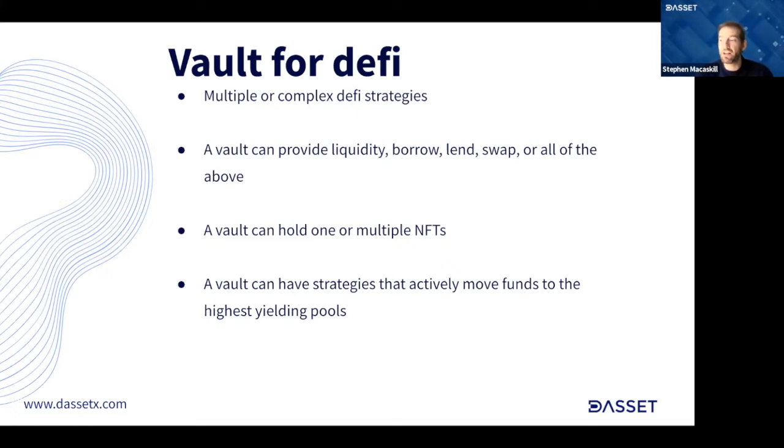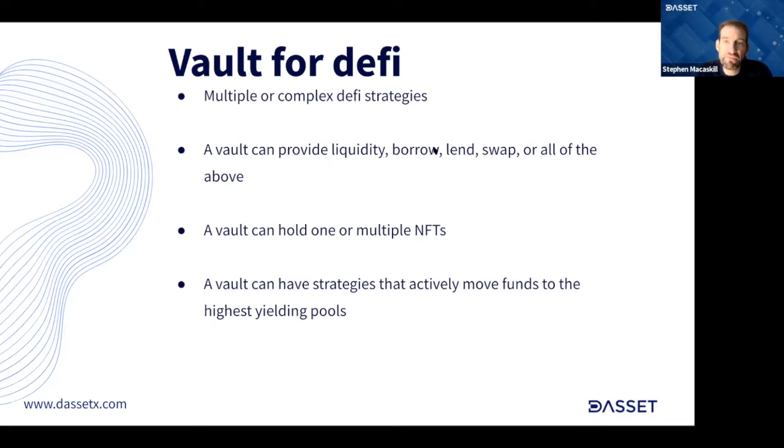So if one liquidity pool has a higher return than another liquidity pool, the vault will essentially rebalance the funds automatically to maximize your yield. These vaults are essentially specialized to automate your passive income from various crypto.